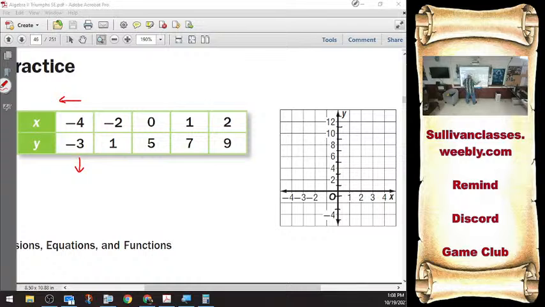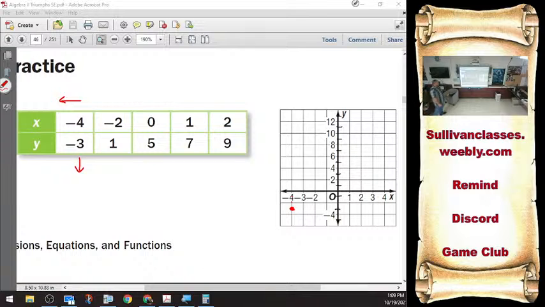So left 4, careful, down 3 is down 1, 2, 3. Right there. You have to be careful about the scale. This is going to be a recurring theme for about the next, I don't know, 6 months. You have to watch the scale.